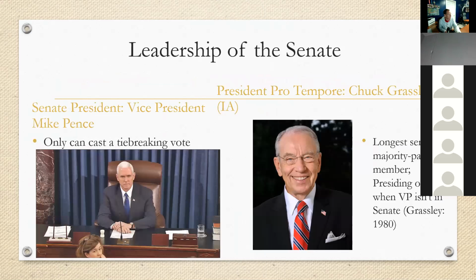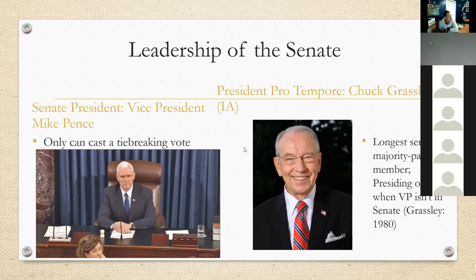And in the Senate, the official president of the Senate, according to the Constitution, is the vice president. So right now, it's Mike Pence. But Mike Pence, the vice president, has very little power in the Senate. The only power that the vice president has is to cast a tie-breaking vote. So if it's a 50-50 tie in the Senate, and they think it's going to be a 50-50 tie, they'll make a call over to the White House and say, send the vice president over.